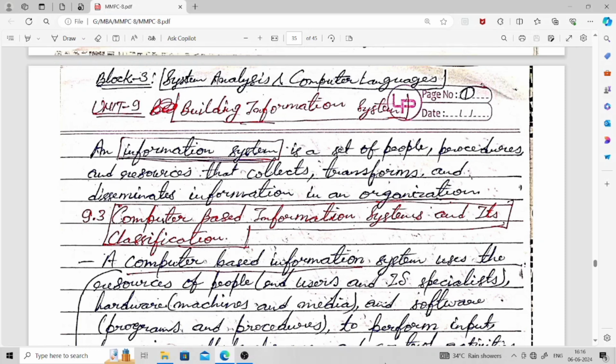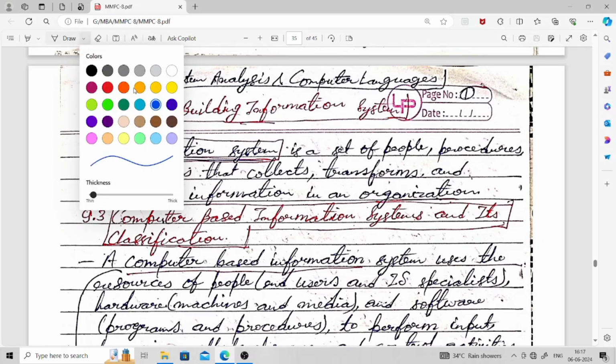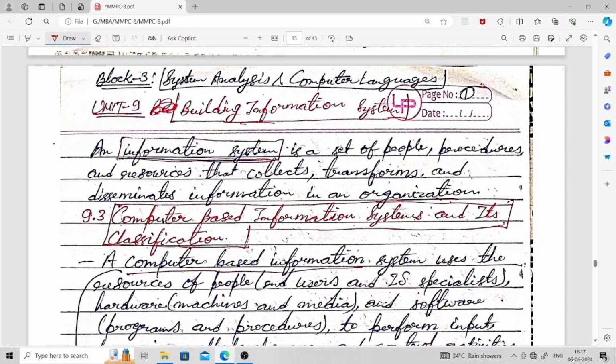So here I'm talking, this is information system. An information system is a set of people, procedure and resources that collects, transforms and disseminates information in an organization.